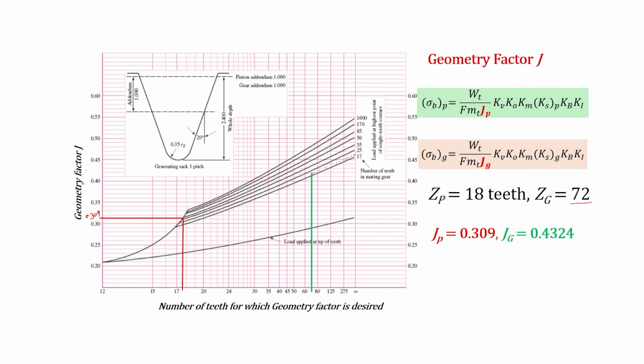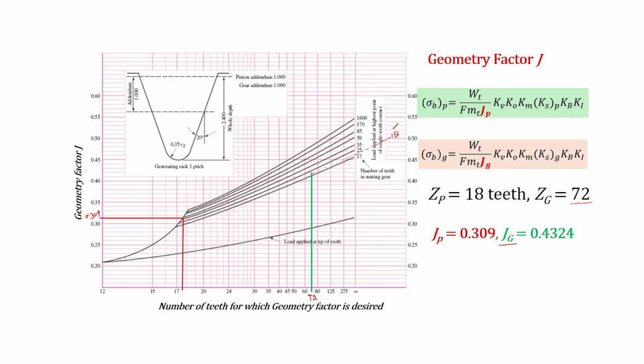and then we just interpolate to get the value of JG corresponding to a curve which is not given. There is no curve for a mating gear with 18 teeth, because when we determine the geometry factor JG for the gear, the number of teeth on the gear is 72 and the number of teeth on the mating gear is 18.